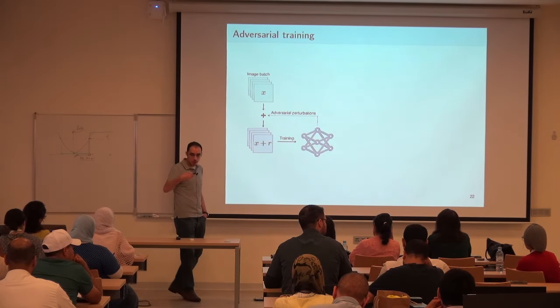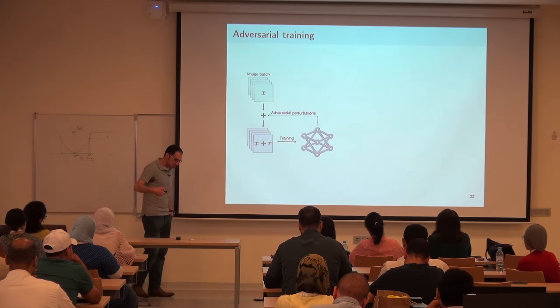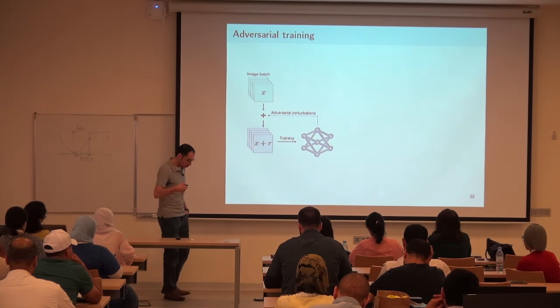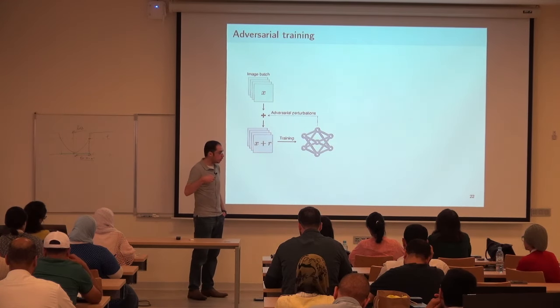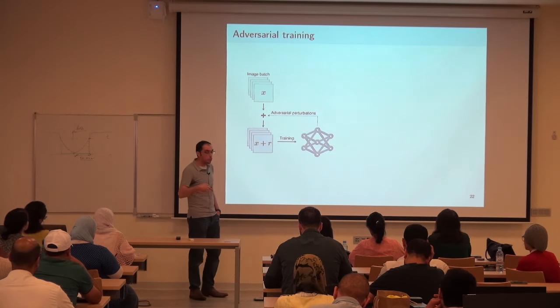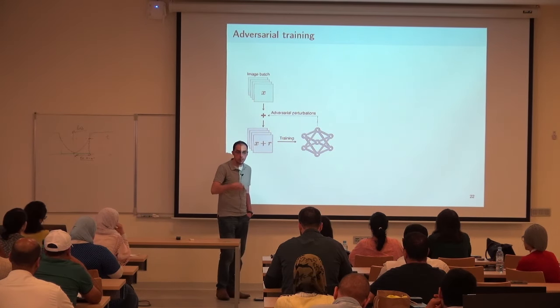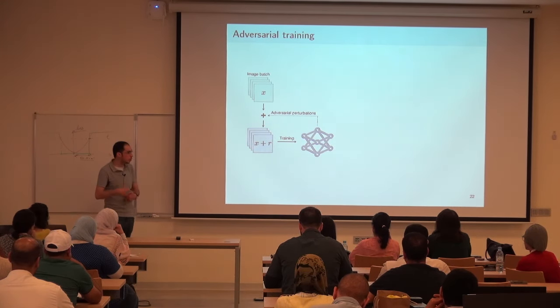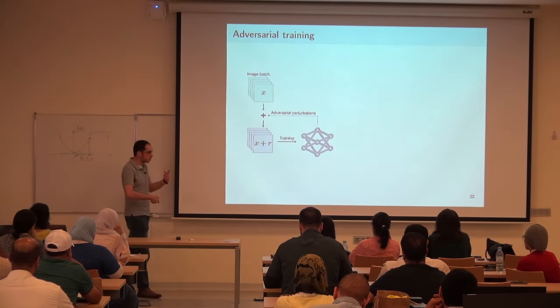So it's an online procedure: compute adversarial perturbations for the current model, add these perturbations to the data, train your model for one step, compute new perturbations for the new model, and so forth.